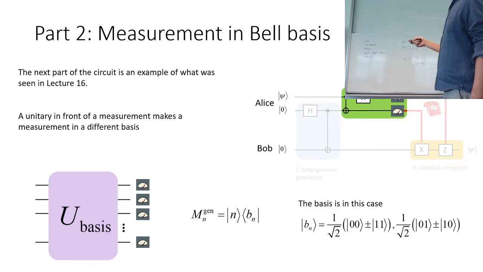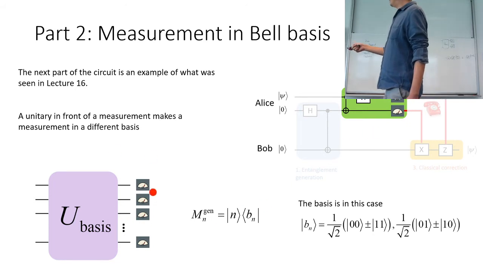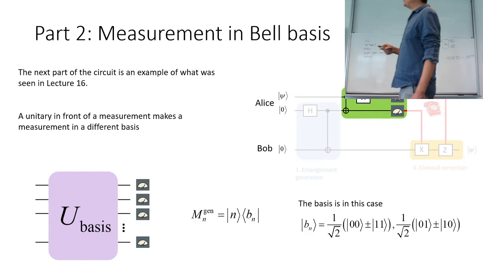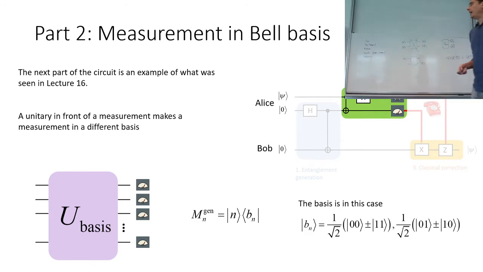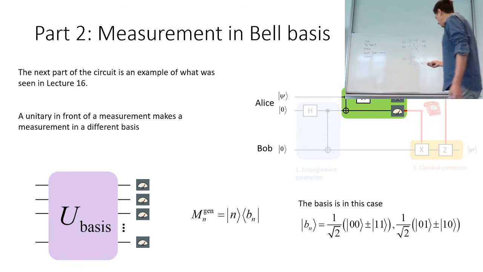The next step is this block here. This is the measurement in the Bell basis. It's what I just explained before: this combination changes the basis of the measurement. For a single qubit, we've already seen it could be 0, 1 or plus-minus.